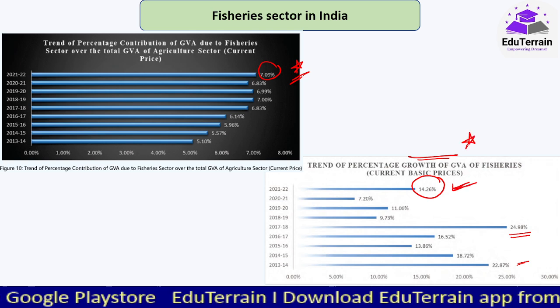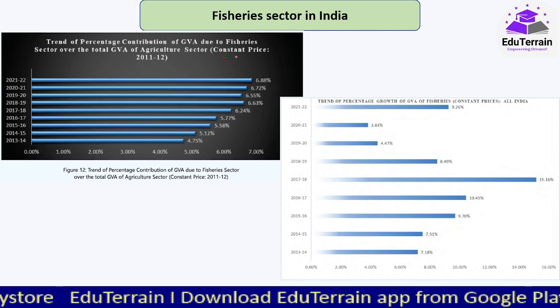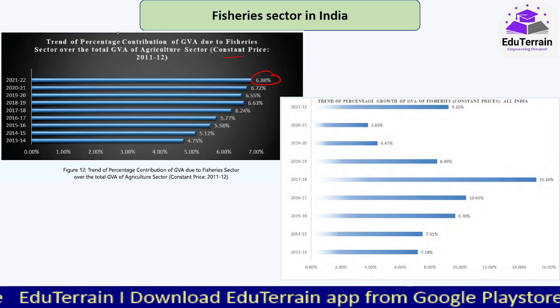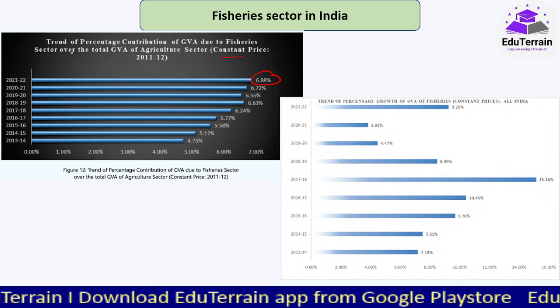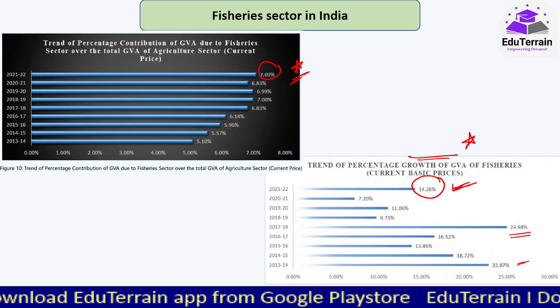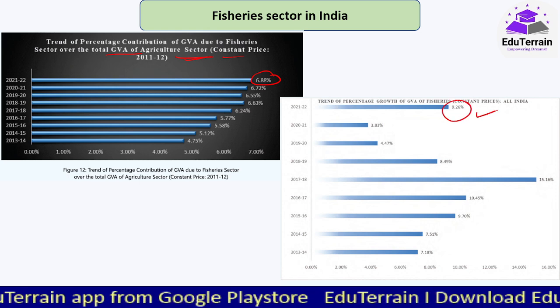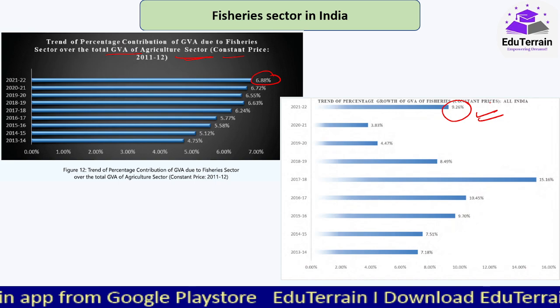This is also important. The same again at constant prices is 6.88. This is the trend of percentage contribution of GVA due to the fishery sector to the total GVA of the agriculture sector. This is current price, this is constant price, and here again at constant price the growth is 9.26%.